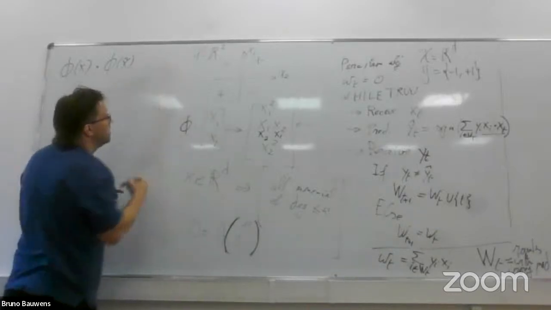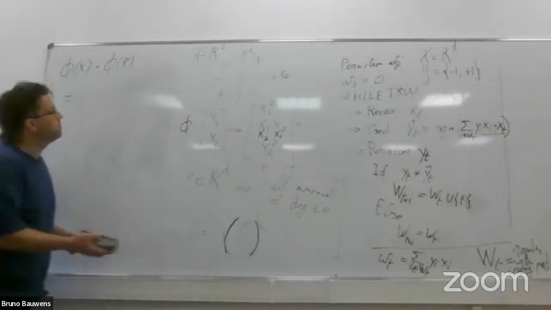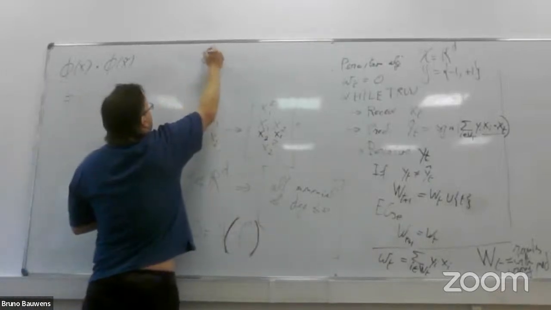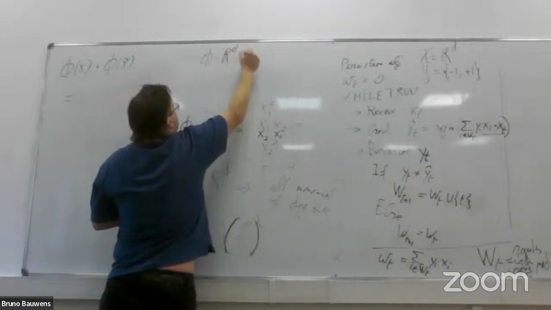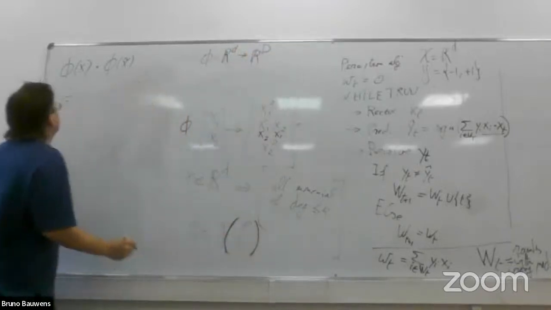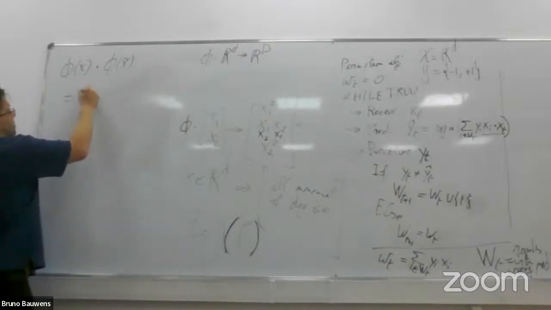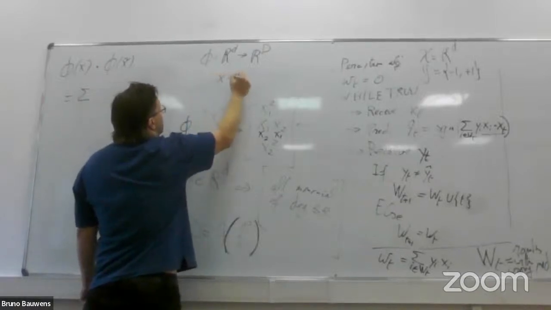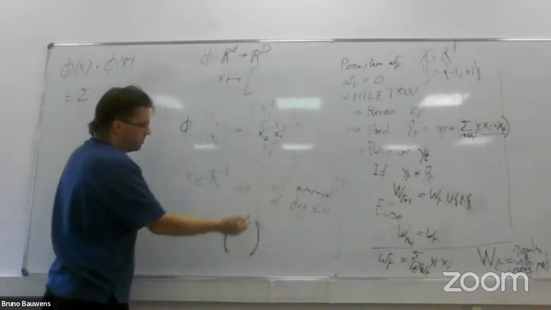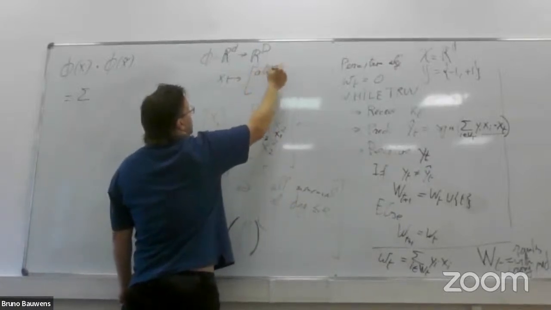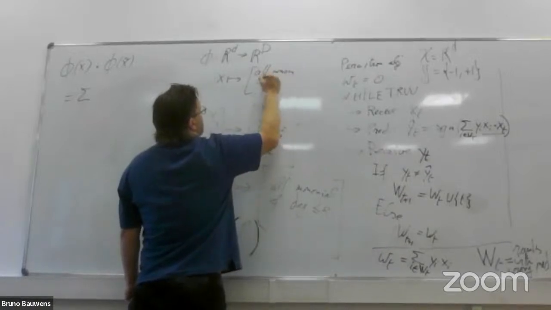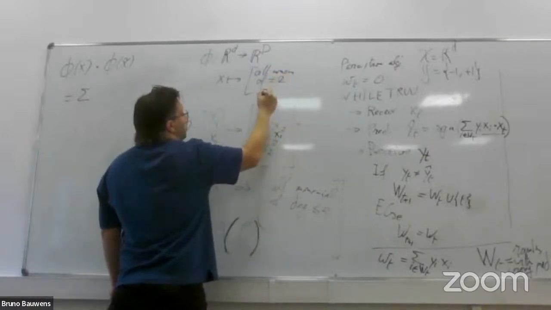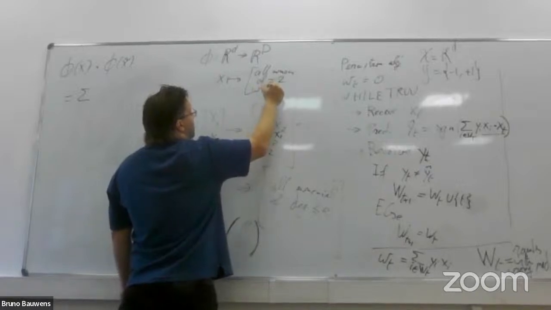So let us say we have some dimension d. Let's say that phi goes from R^d to R^D, capital D. So x is mapped to all monomials of degree exactly 2 for starters, with repetition.